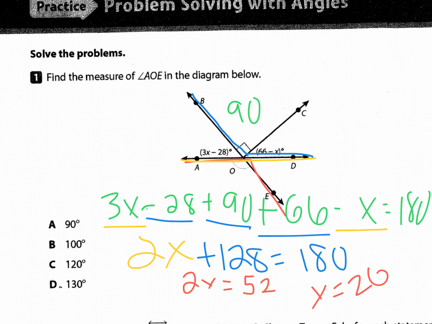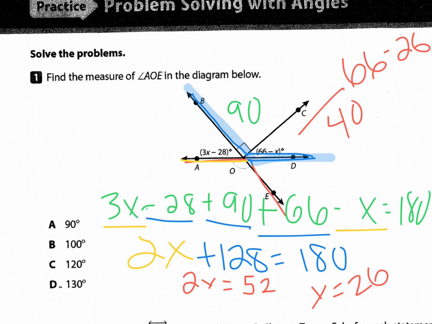So now we can figure out what this angle is. It's 66 minus 26. So it's 40. So the blue angle that I highlighted earlier would be 40 plus 90.